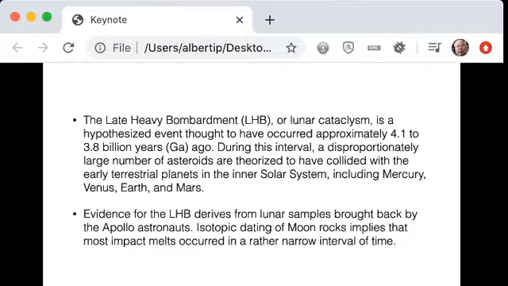By looking at when the rocks were last melted and when they solidified, we can find out the interval of time when there was a lot of bombardment. And at the moment, the evidence shows a heavy bombardment period from 4.1 billion years to 3.8 billion years ago.